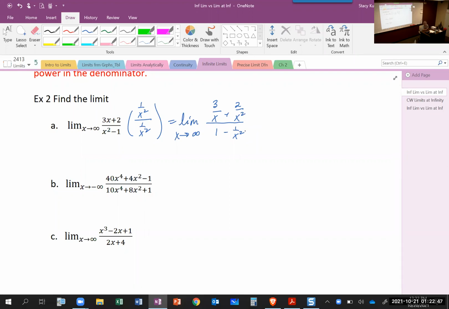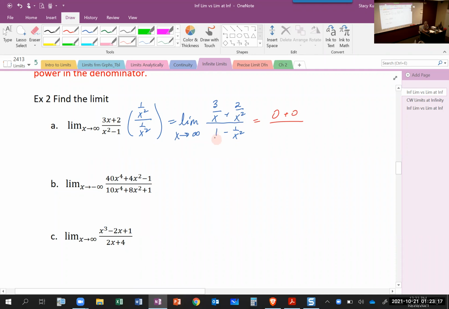Now, the idea behind taking the limit here that we were using before is to look at each of these components separately. Here, 3 over x, what happens to that value as x approaches positive infinity? That's going to be 0, right? Because the denominator is getting incrementally larger. What happens to the next term up there? 0.